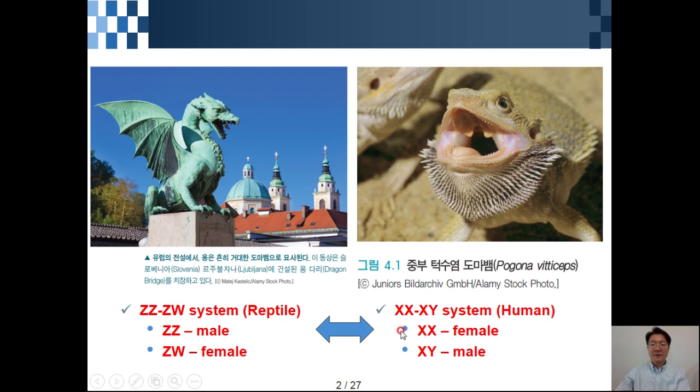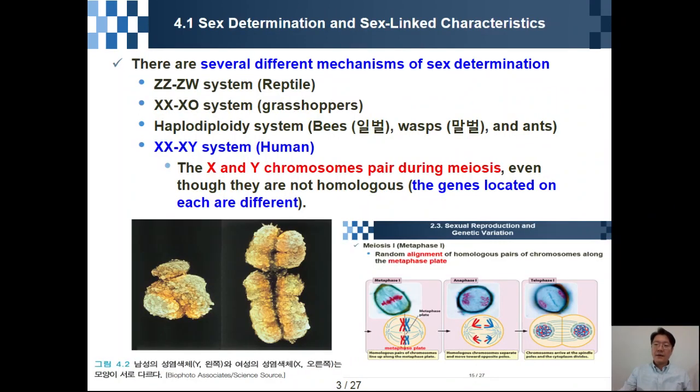Okay. So we will learn all of the systems in detail in the later slides. In this slide, we will learn about sex determination. There are several different mechanisms of sex determination.